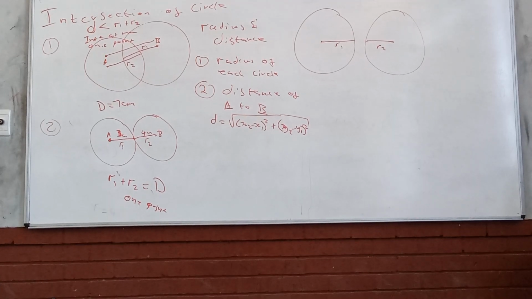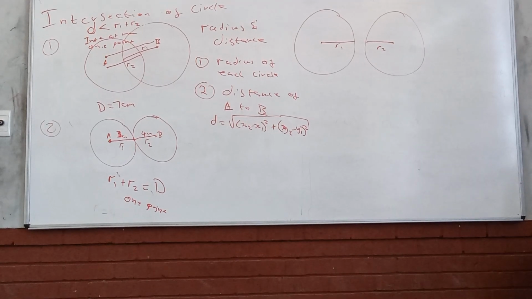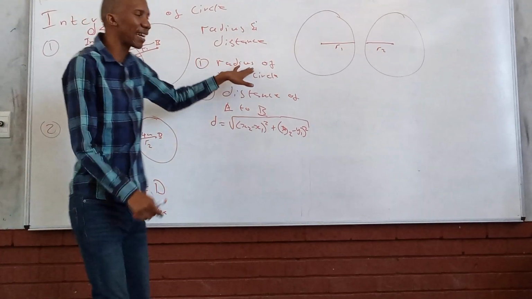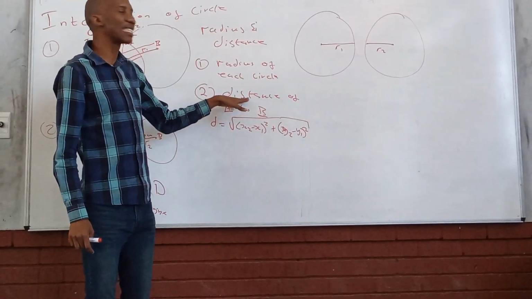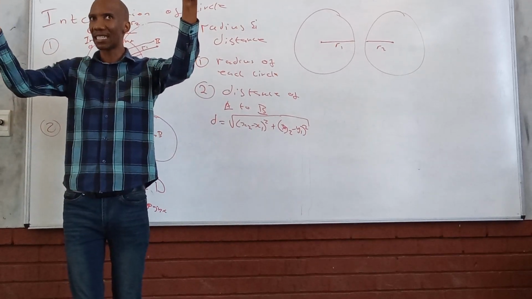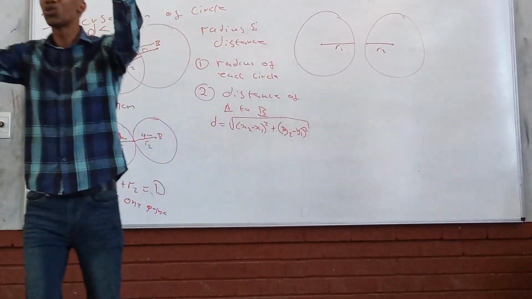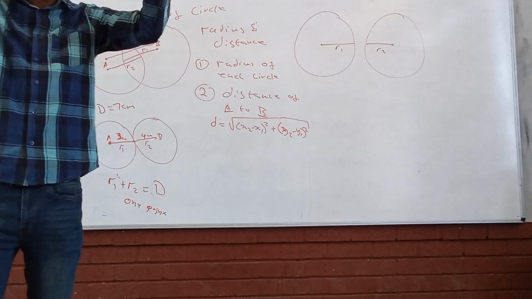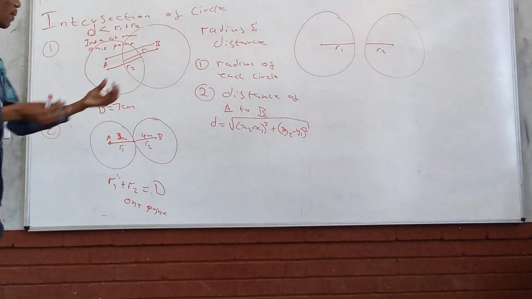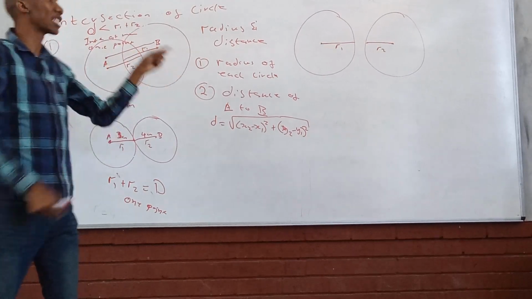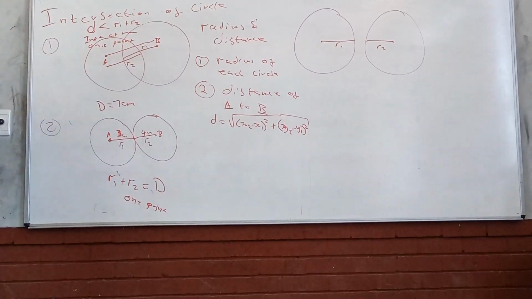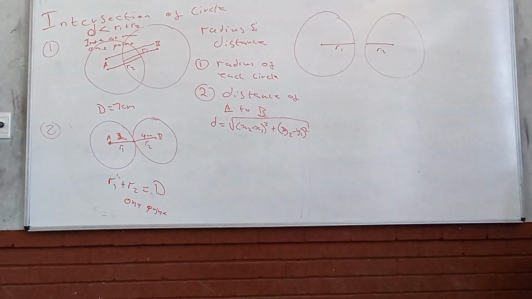Here, to check if they intersect, I find the radius of each circle and the distance between the centers. If the distance between the centers is less than the sum of the radii, R1 and R2, that's how you know that it is intersecting at more than 1 point.